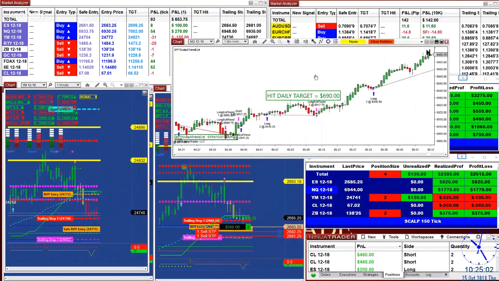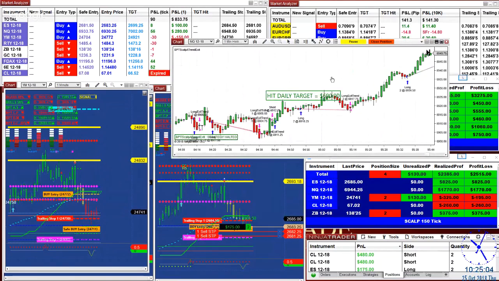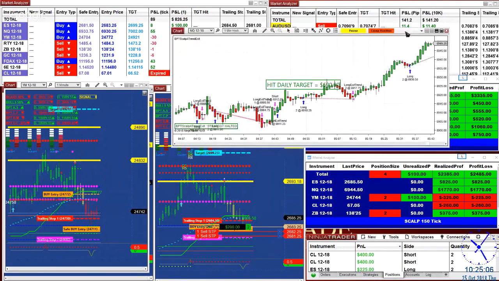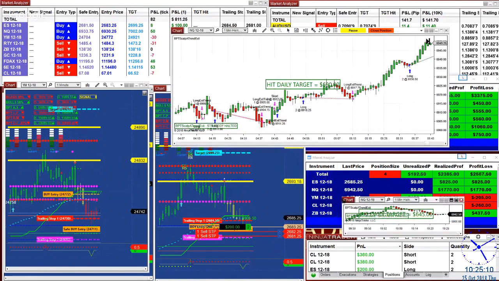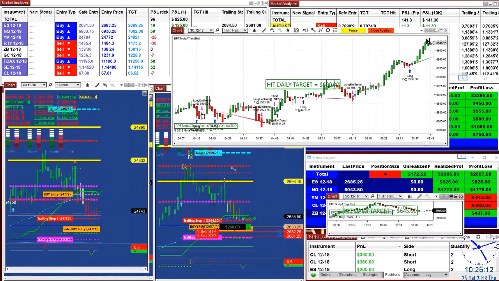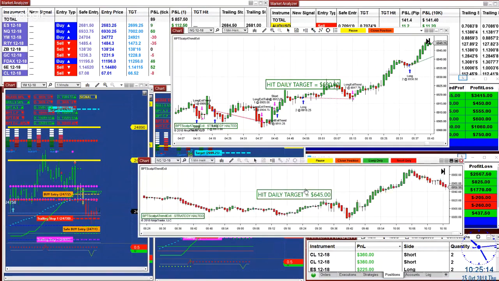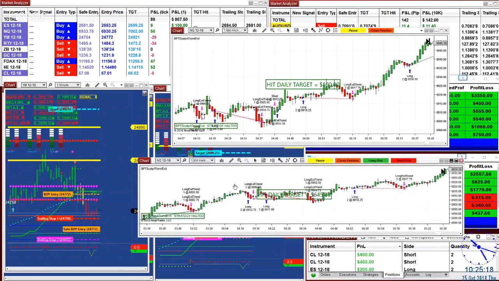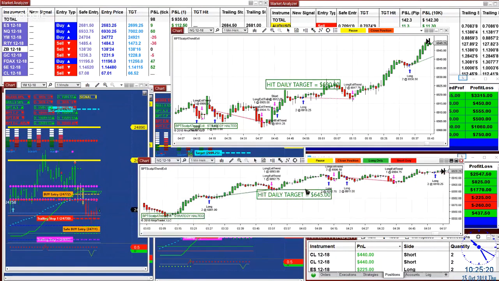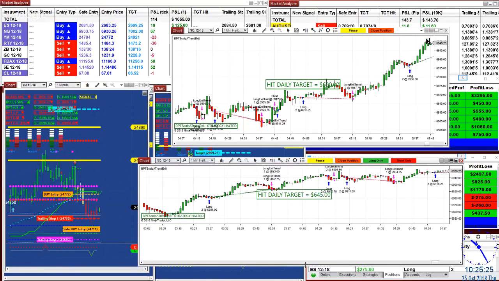If we notice on the Nasdaq, it nailed 690, this is unfiltered, and this one is filtered right there. So it was a little chop market early, and it still has a little chop right now.